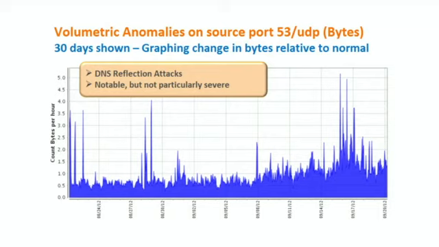It's not particularly severe, but you can see a bit of an uptrend versus this baseline where we had periodic spikes here and there. It was kind of flat, but it seems to uptick over the past five or six days. DNS reflection attacks, a common problem.